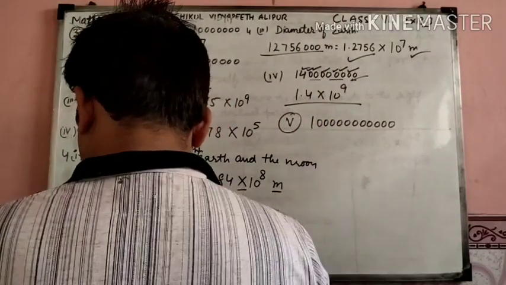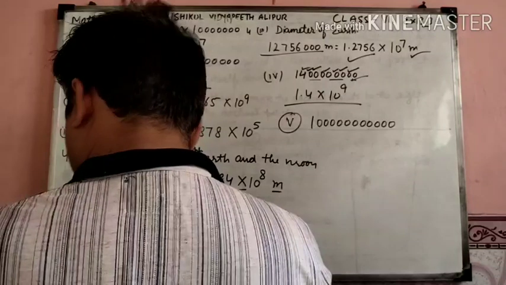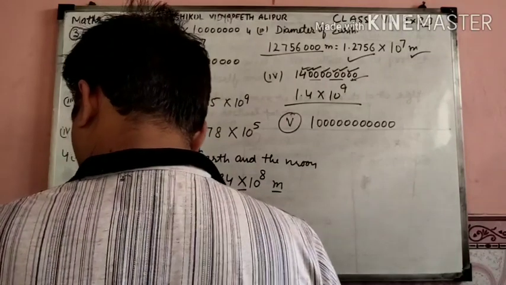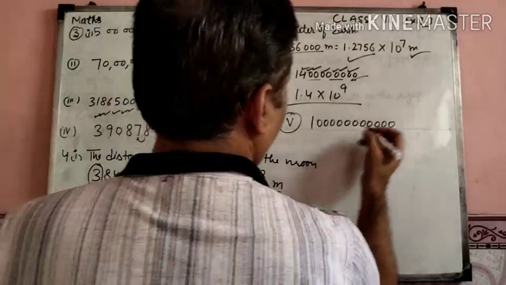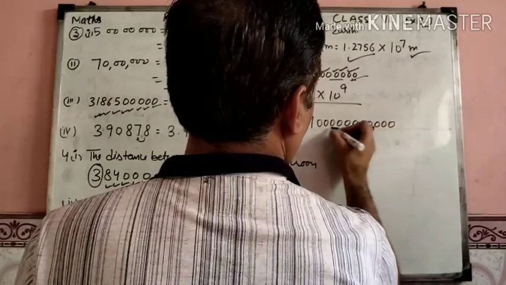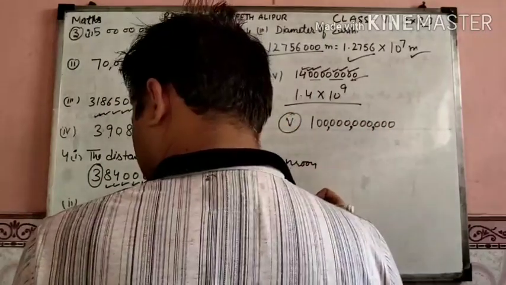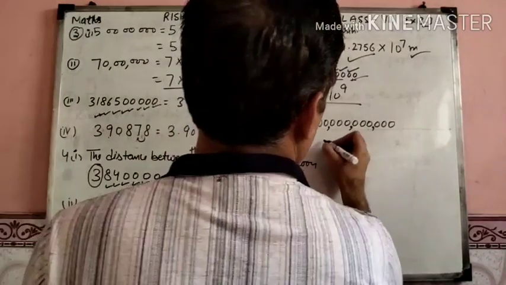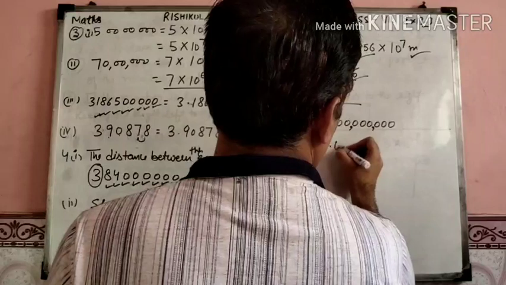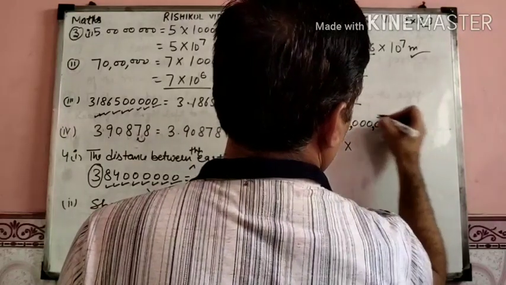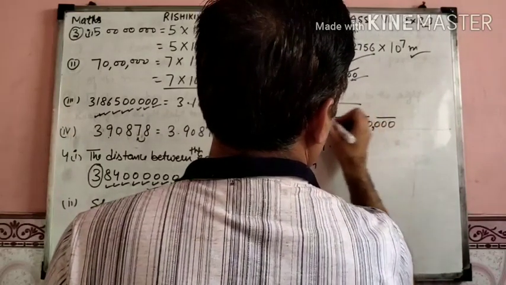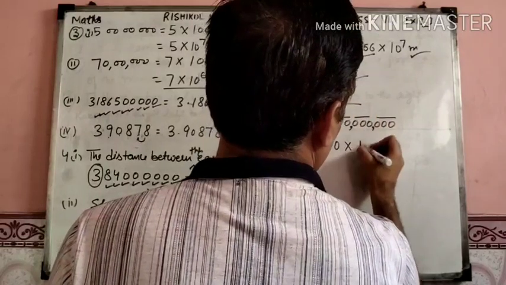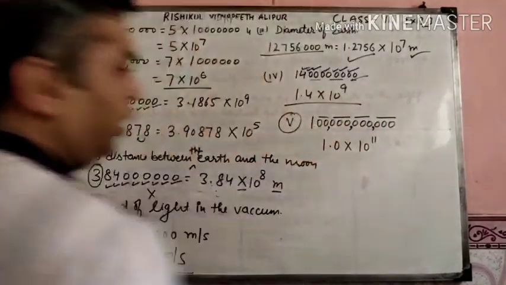This is the stars in the galaxy, an average. How will you write it? 1.0, count 3, 3, 6, 3, 9, and 2, 11. 10 raised to power 11.